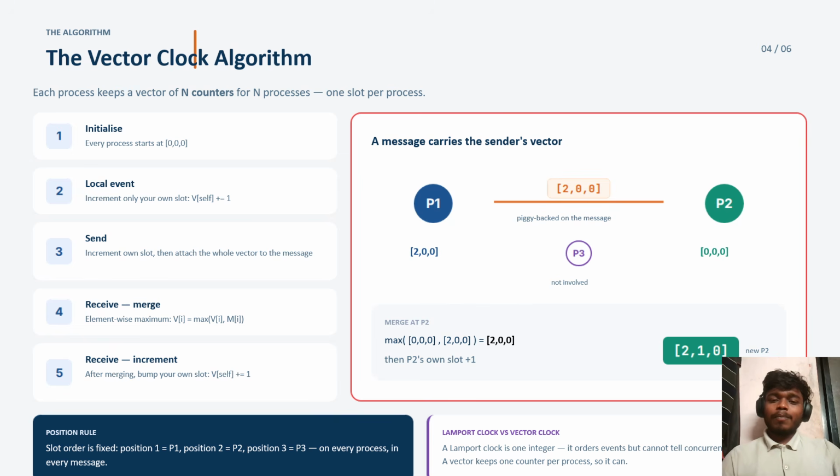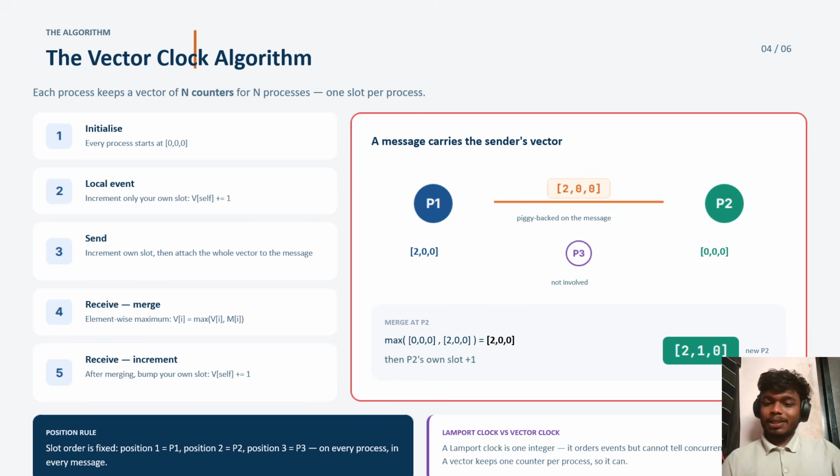The vector clock algorithm. That's the main topic of our presentation. This is where the vector clock algorithm comes in. Instead of looking at time of day, each process keeps a vector, a list of counters with one slot for every process in the system. The rule is beautifully simple. Everyone starts at zero. When a process has a local event, it increments its own specific slot in the vector.